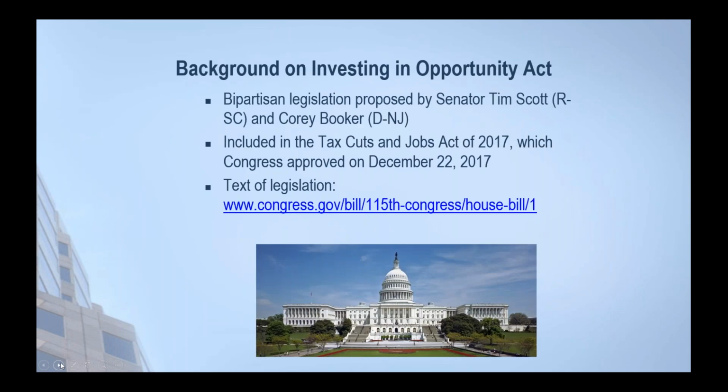So a little background on what opportunity zones are. This was a concept developed back in 2015 by the Economic Innovation Group. Their goal was to think about distressed low-income communities. These places were struggling. They were not seeing the business investment.